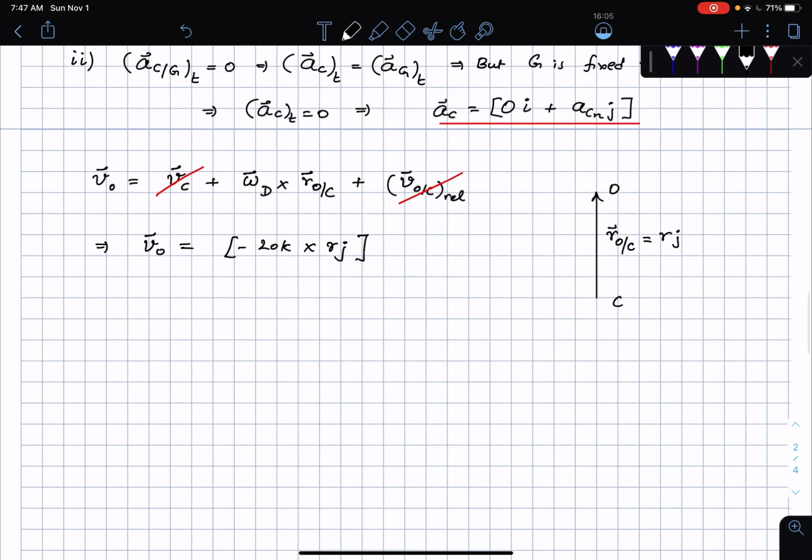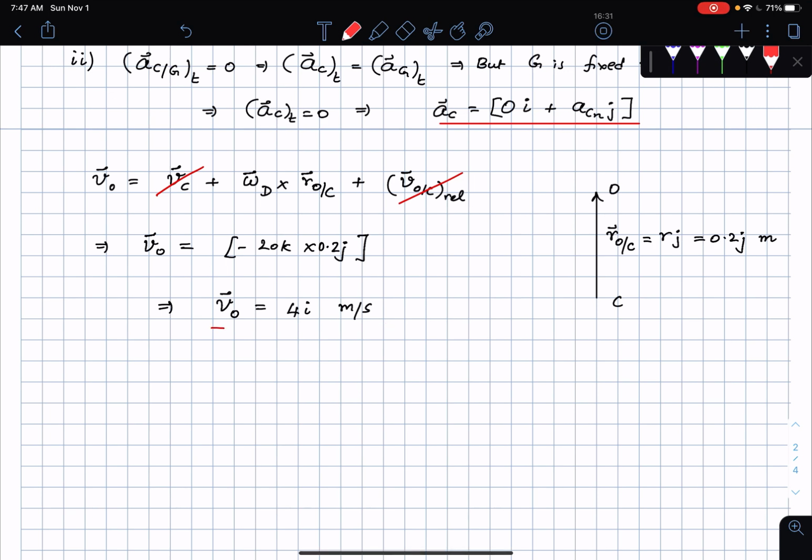Okay, and r I think was given to us as 0.2 meters, so let me write this as 0.2 j meters, and let me do the substitution here. So this tells me that the velocity of point O is going to be 4 i meters per second.